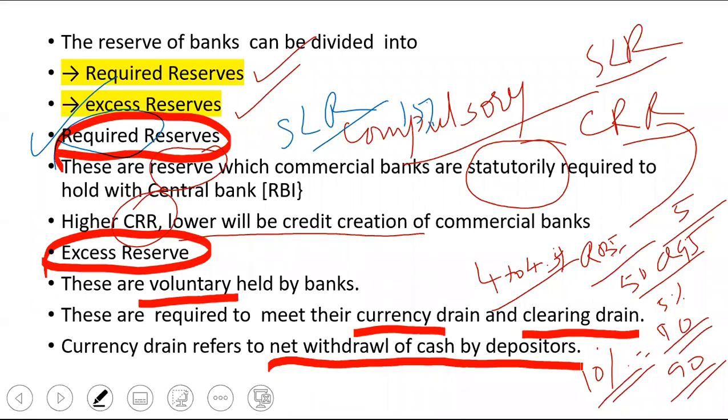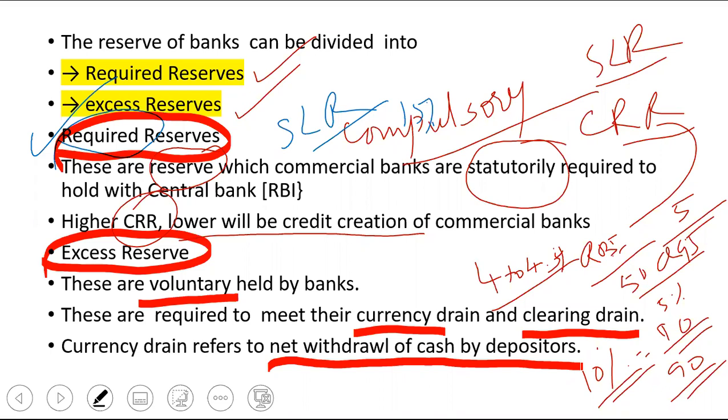So there are two types of reserve, children. One is the required reserve, second is the excess reserve. Required reserve means दो reserve है. वो क्या क्या है? जल्दी बोलो. CRR and SLR. Excellent.